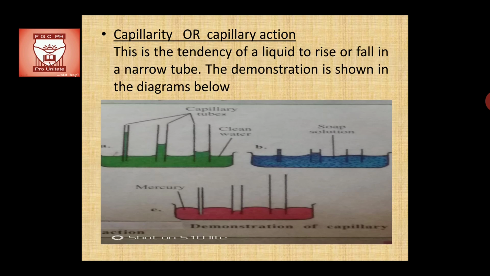When it is water, you see the level is very high in the narrower tube and lower in the bigger one. When it is soap solution, you see the difference there again. But when it is mercury, it is higher in the wider tube.